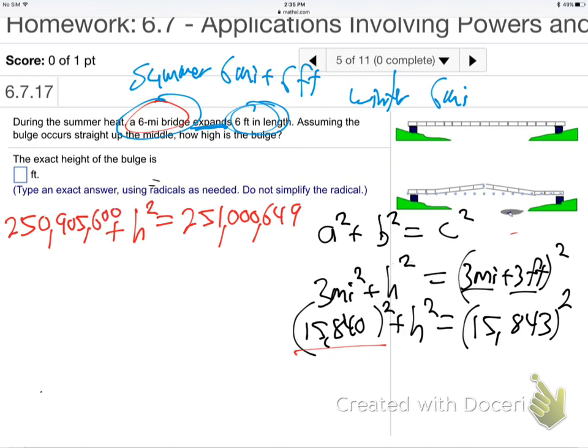All right, there we go. Okay, so we've got to solve for h. We know how to do that.